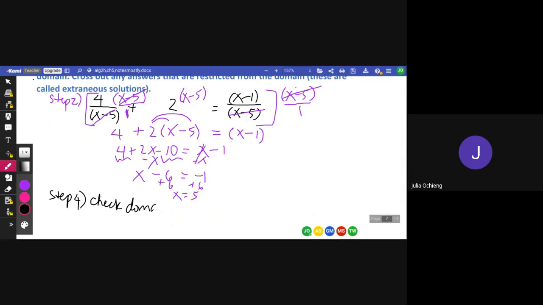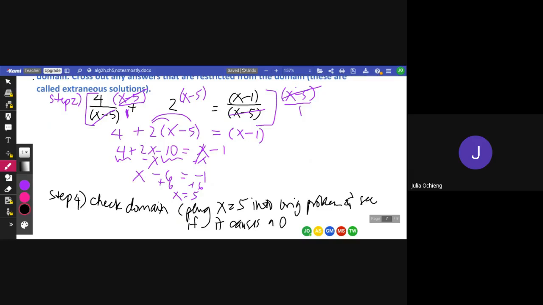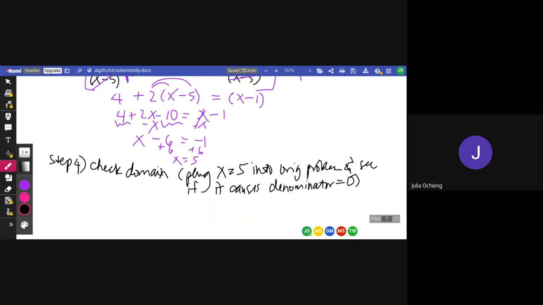And one way to check the domain is to plug x equals 5 into the original problem and see if it causes the denominator to equal 0, which is not allowed.